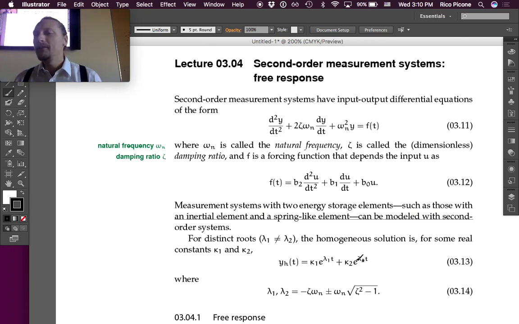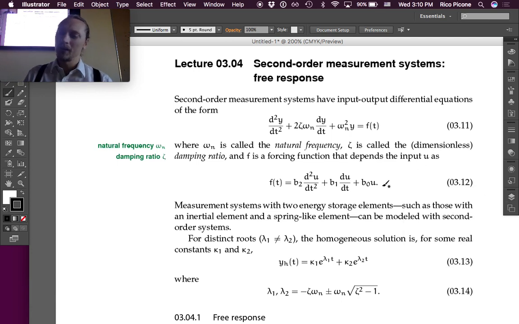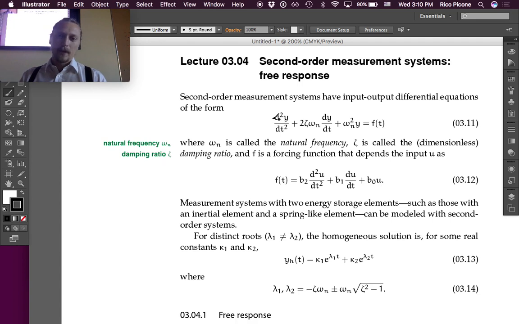I did fill in a lot of this stuff for you because I felt like there was a lot of material, and it's really easy to write something down incorrectly. I'm a little worried about typos, but I did go through to try to double check, so we'll see. Okay, so second order measurement systems have input-output differential equations of this form, where omega n is called the natural frequency, and zeta is called the dimensionless damping ratio. We don't say dimensionless, but it is the dimensionless damping ratio.